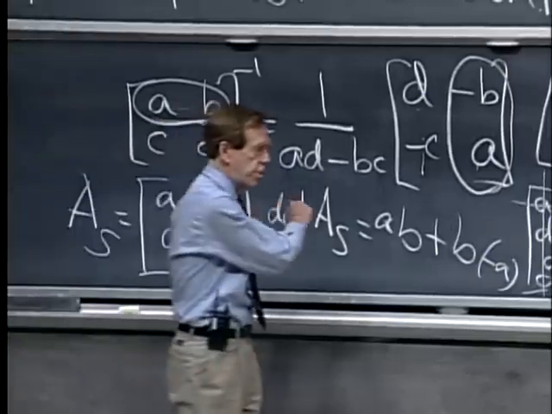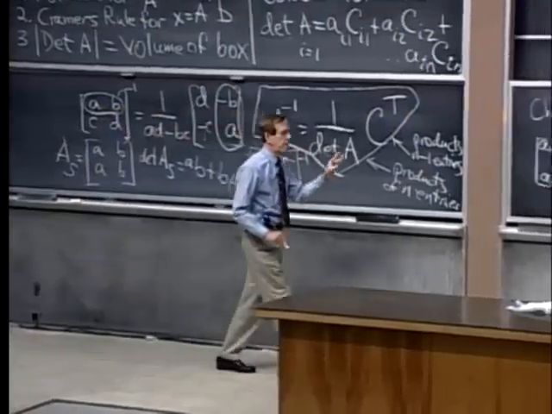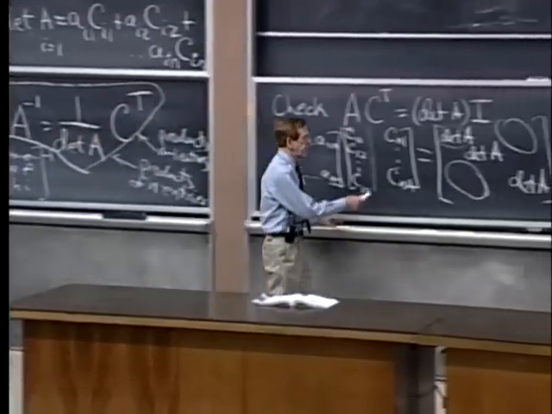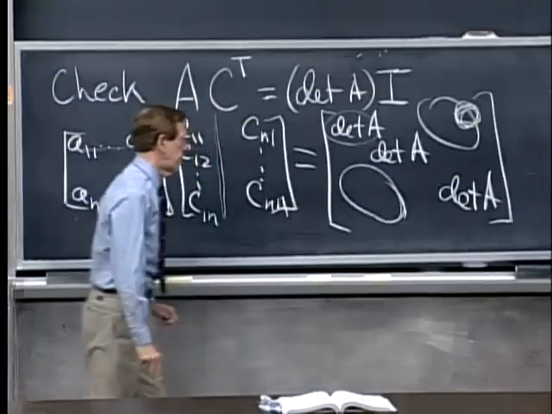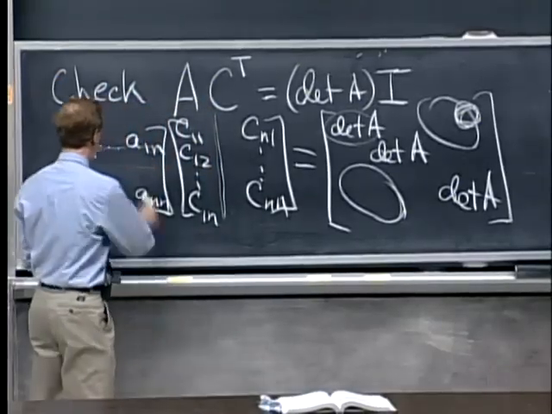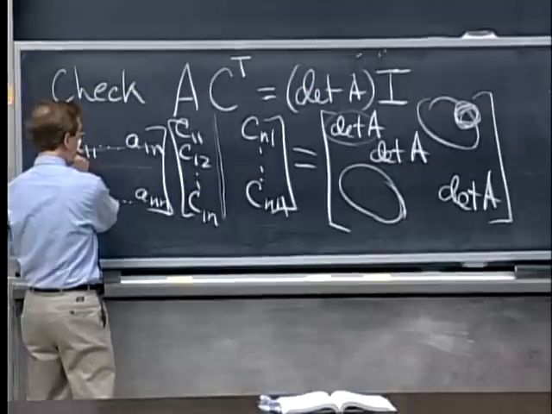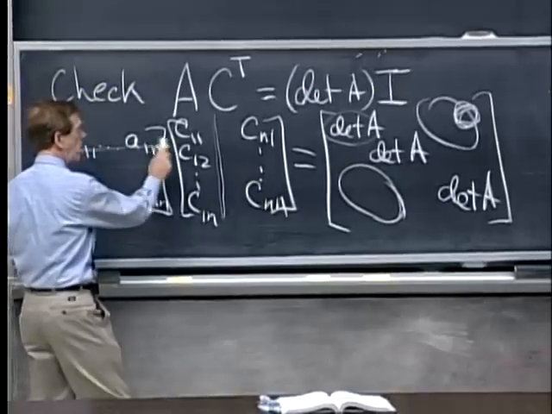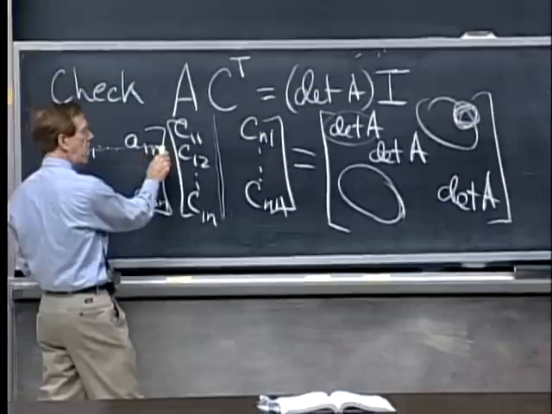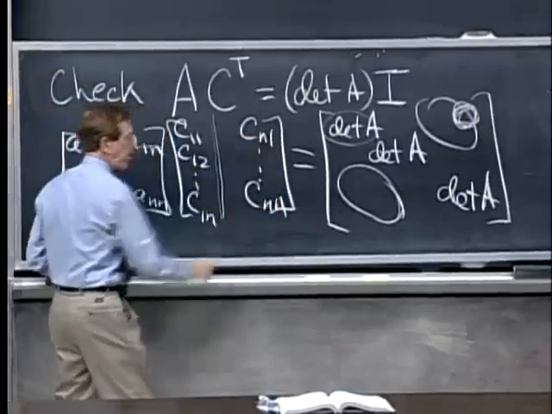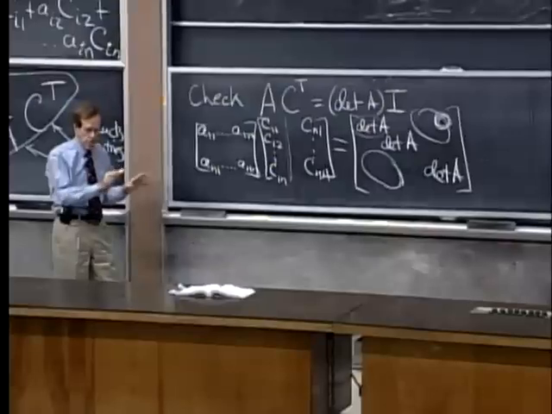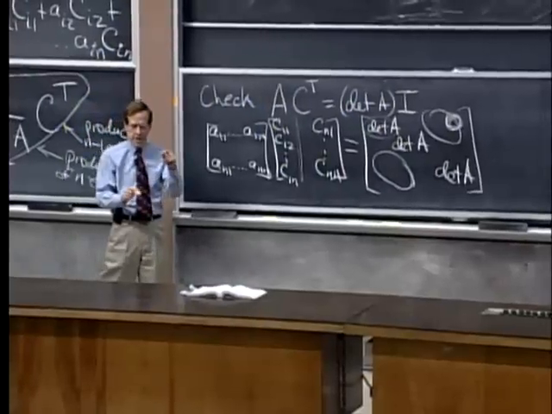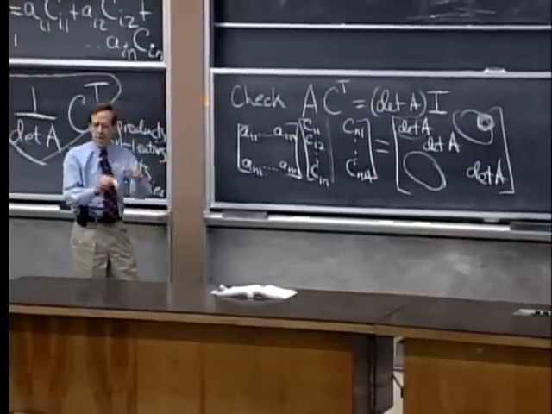That's the 2 by 2 picture, and it's just the same here. The reason I get a 0 up in there is that when I multiply the first row of A and the last row of the cofactor matrix, it's as if I'm taking the determinant of this screwed up matrix that has first and last rows identical.